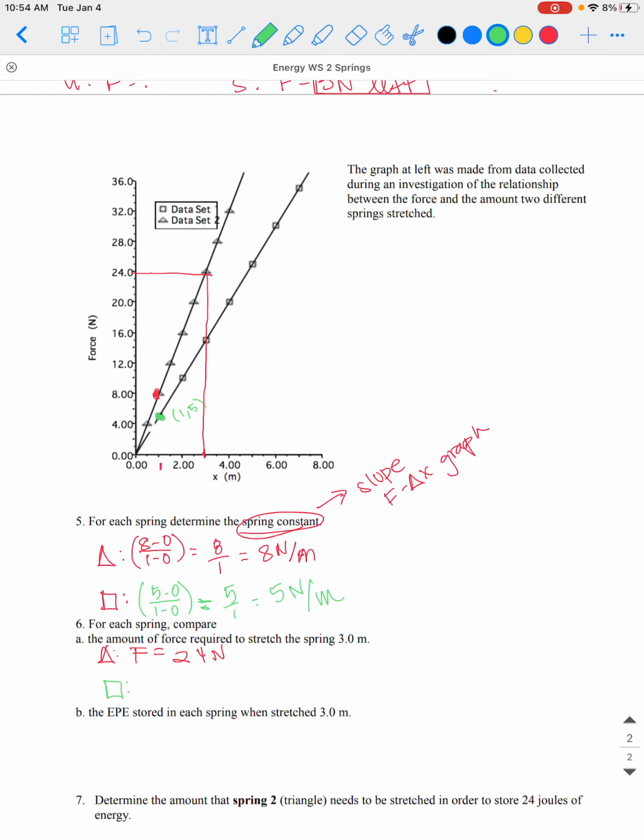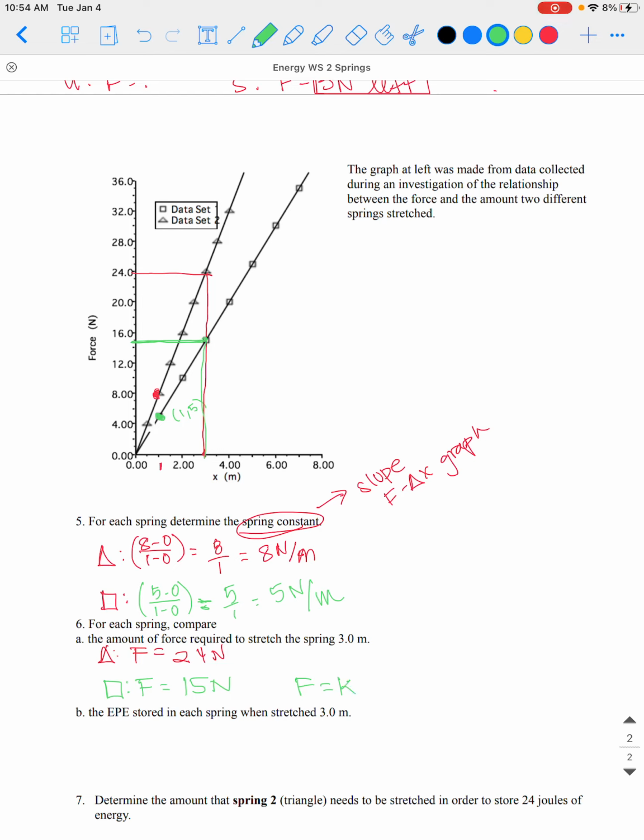The rectangle's force, if I go to 3 all the way up, I get somewhere around just below 16, so I'd say that's 15. And so I am going to write down 15, but I want to verify that. So I'm going to use my equation.